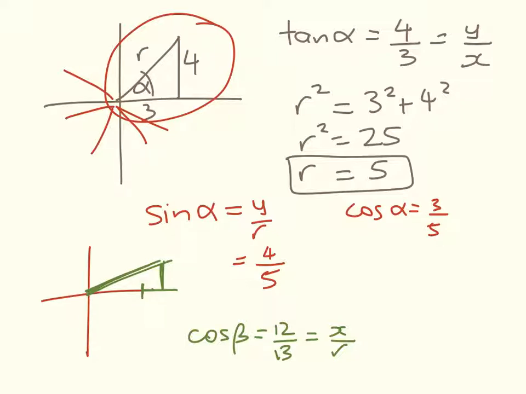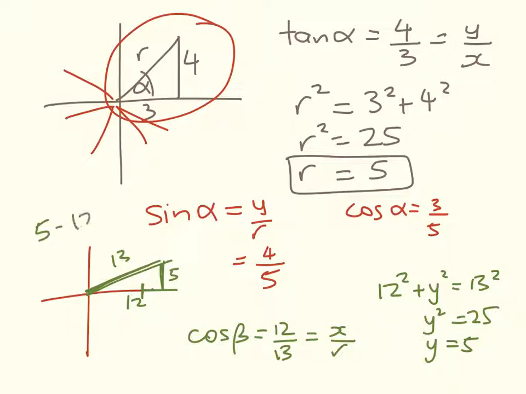So this is 12, this is 13, and this must be 5, right? So 12 squared plus y squared equals 13 squared. Y squared is 25 and y is 5. But you should recognise already that this is the other famous Pythagorean triple, which is 5, 12, 13. This one up here is 3, 4, 5.